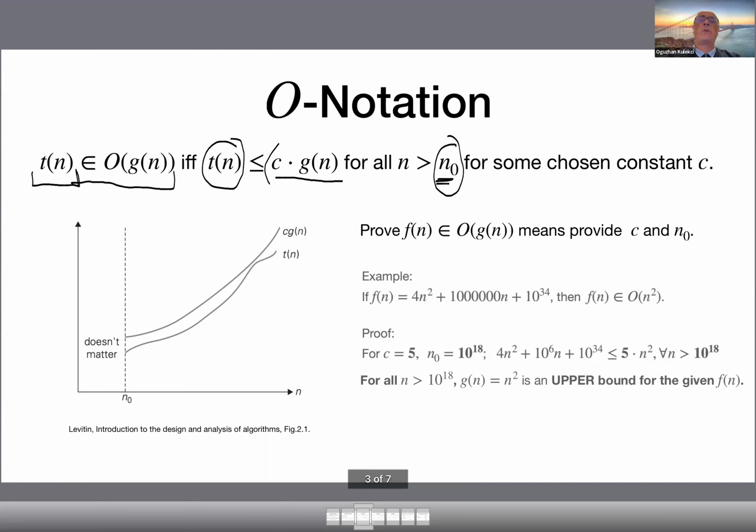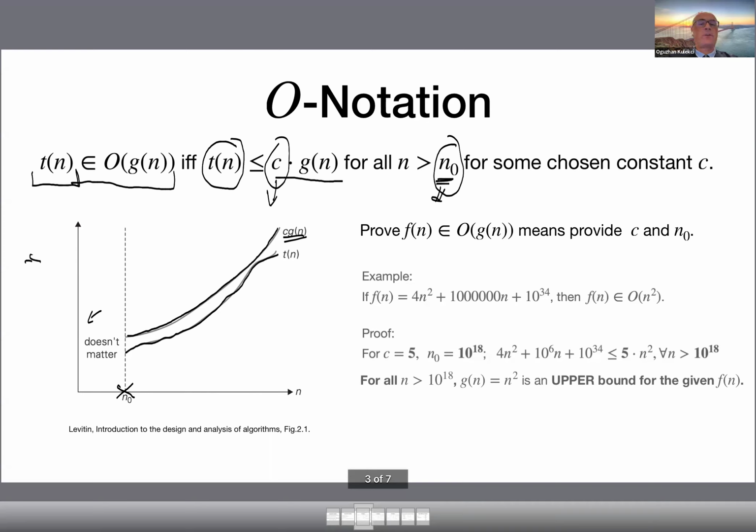If you look at this figure, after an initial n0, where I do not care what happens before, this is my T(n) function. This is always less than C times g(n). That is why we say that T(n) is upper bounded by C times g(n).